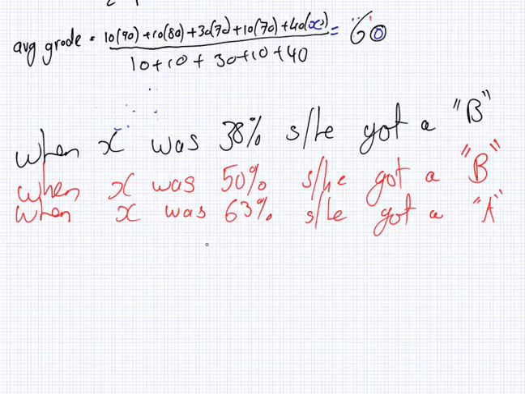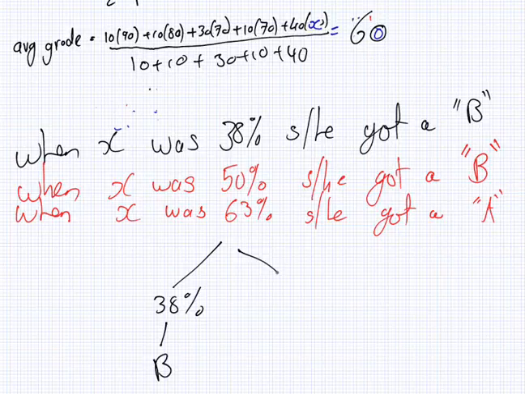So this person has two choices. They can work a little bit, get 38% in the final, and that finishes them with a B. Or they can work a lot, get 63% in the final, and finish up with an A.